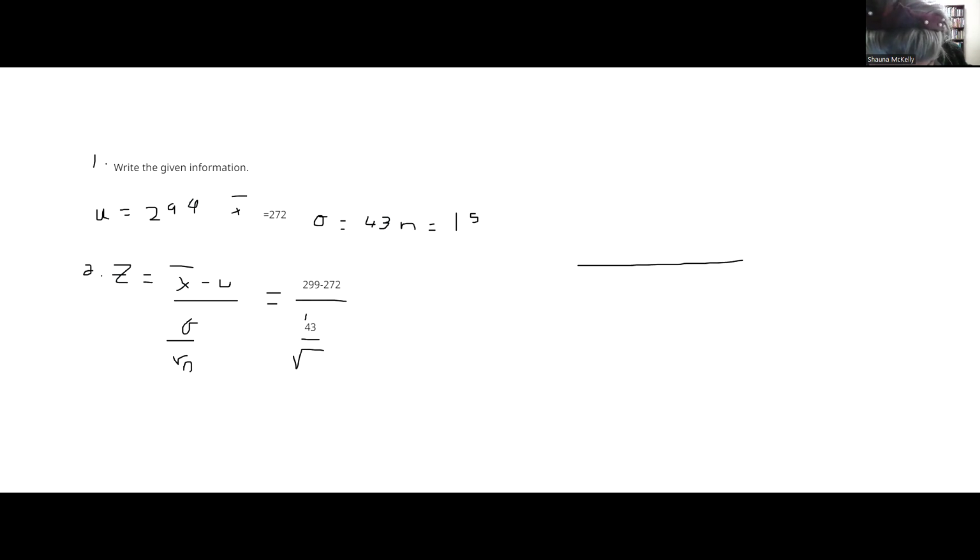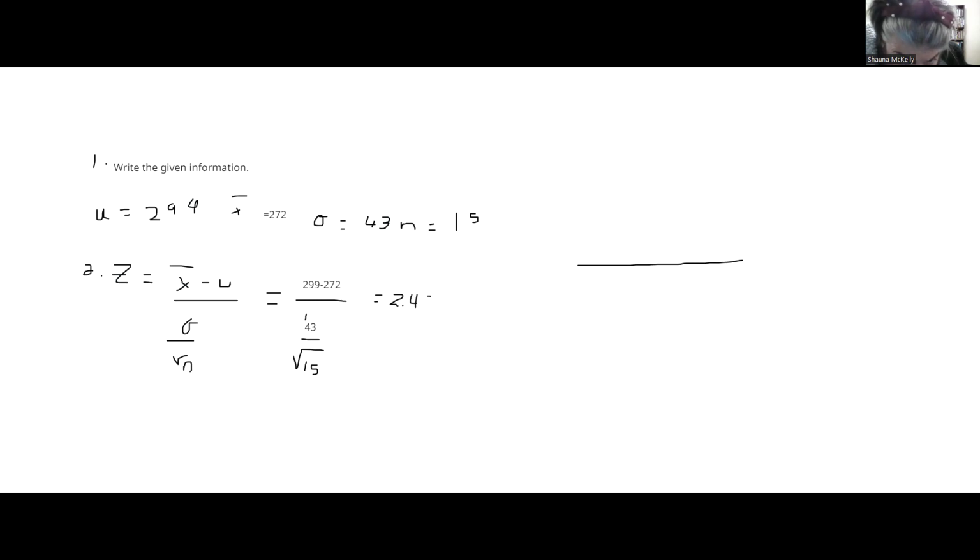So I've got this situation going on. Okay. Now, if you put this in the calculator, as I have already done for you, this comes out to 2.43 if I give you two decimal places. This is my Z.